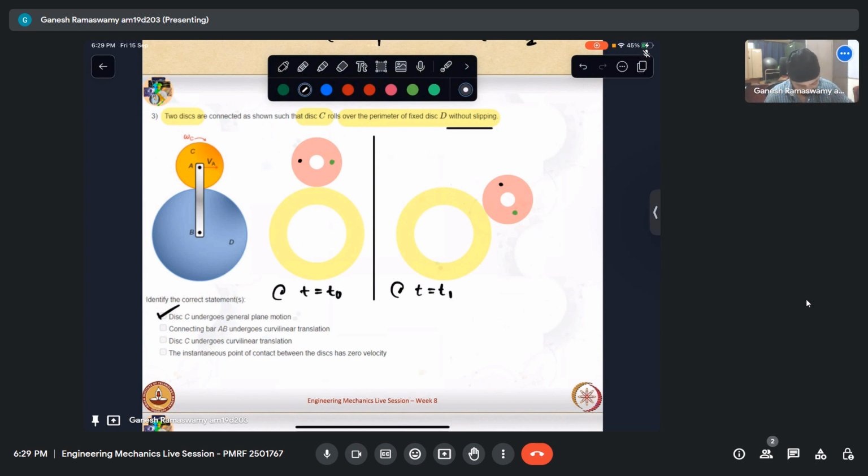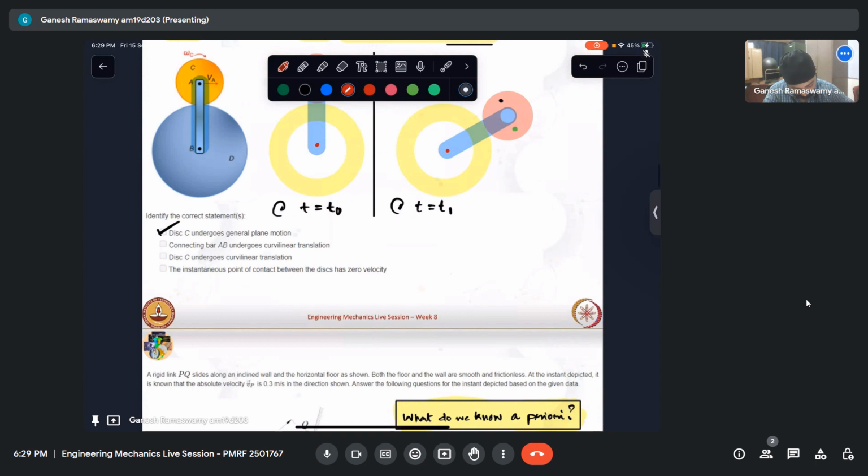The connecting rod is undergoing what type of motion is what is asked. So let this be the connecting bar. Let me take it here. And then at time t equal to t1, it is like that. So I can see that the connecting bar has its center of rotation here at point B. And it is just sweeping a circle. So essentially, it is undergoing fixed axis rotation.